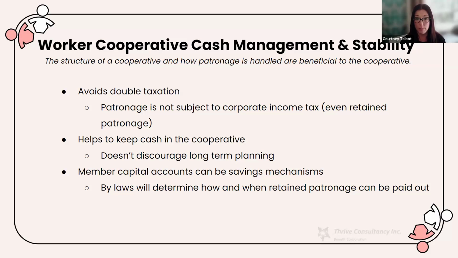But after a certain amount of time, that can build up to be something really beneficial for their worker owner. So again, if you have more questions on this, talk to a CPA, but it's important to at least understand the basics of how this works. Even if you weren't involved in the creation of the bylaws, read your bylaws. Find out what the patronage rules are for your specific cooperative.